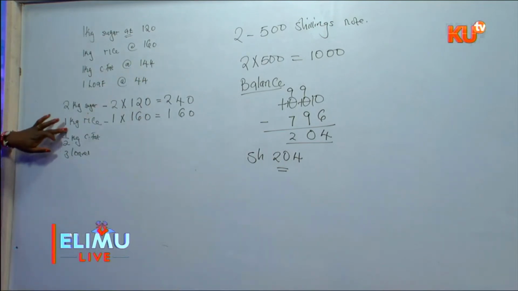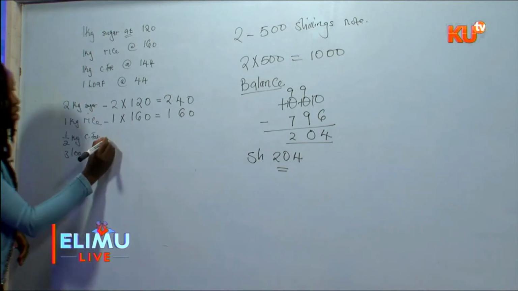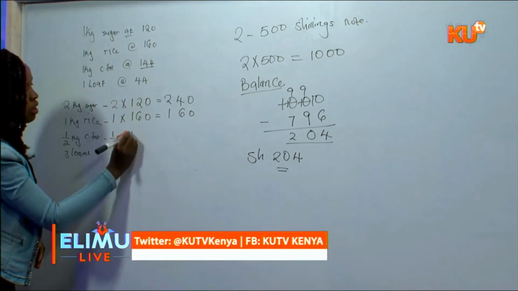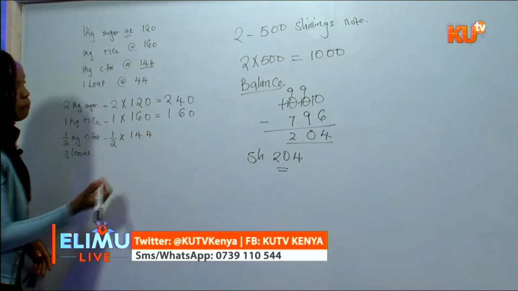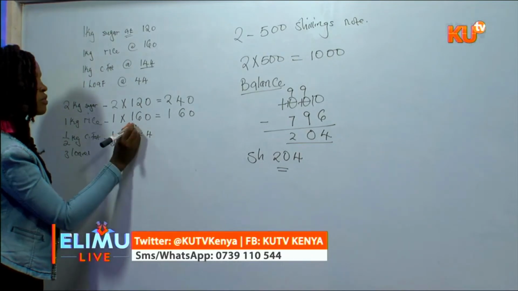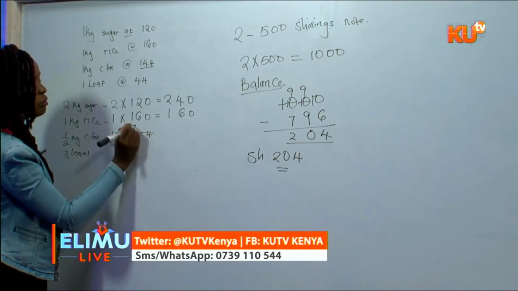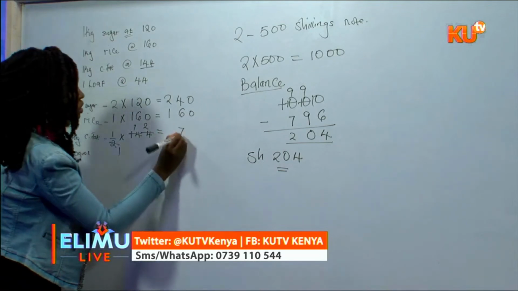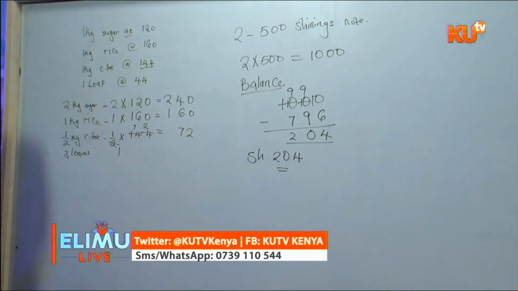So it is a half of what was bought, a half times the cost of a kg, 144. Half of 1 is 0 remainder 1, half of 14 is 7, half of 4 is 2, 72. That was the cost of a half kg of cooking fat.